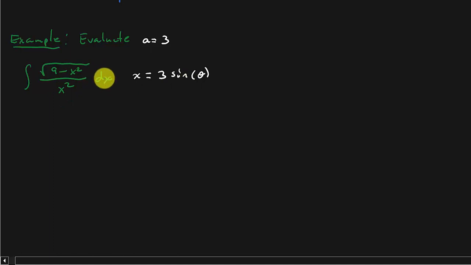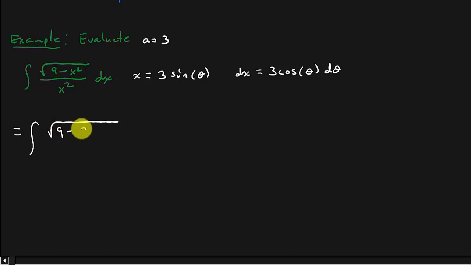we also need to know what dx is. Well, dx, the derivative of this, is 3 cosine theta d theta. So this is going to give us the integral of the square root of 9 minus 3 sine theta squared over 3 sine theta squared.